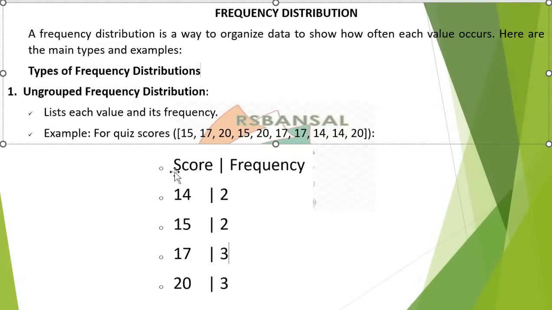So we can represent this data in a tabular form with score 14, 15, 17, 20 and number of students. 14 marks have been achieved by 2 students, 2 students have scored 15 marks, 3 students have scored 17 marks, and 3 students have scored 20 marks.